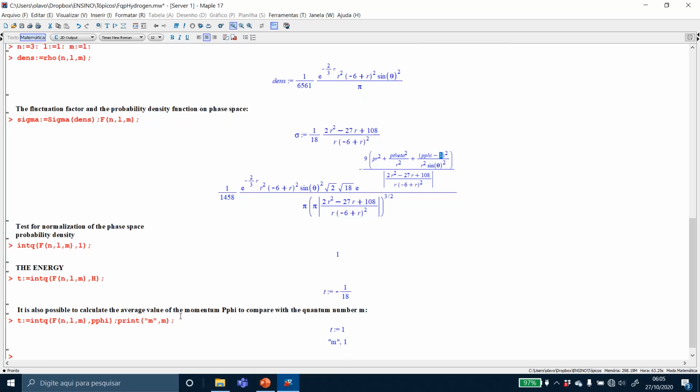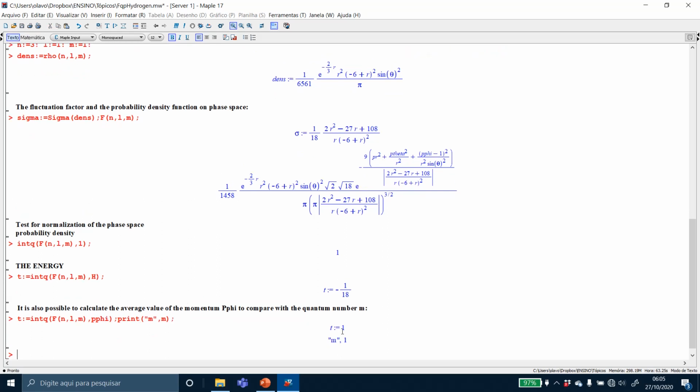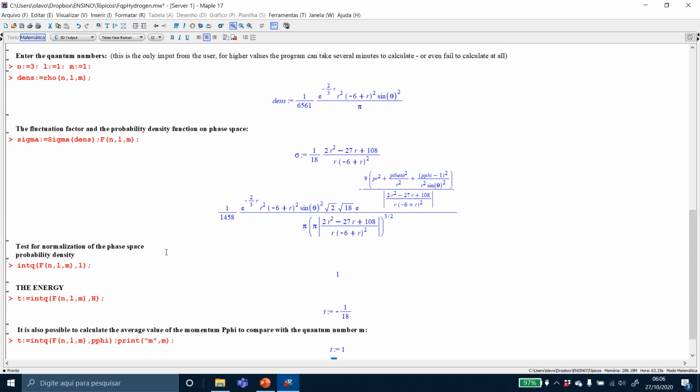In fact, if we calculate the average p phi momentum, we get exactly 1, which is the value of the azimuthal quantum number. Of course, we are using atomic units here. So this is a way to calculate average moments using only the probability density function that we have found, the expression over the phase space.